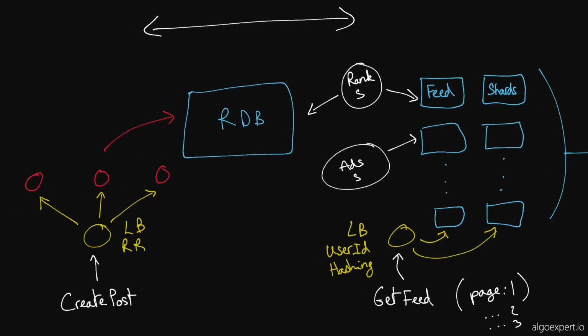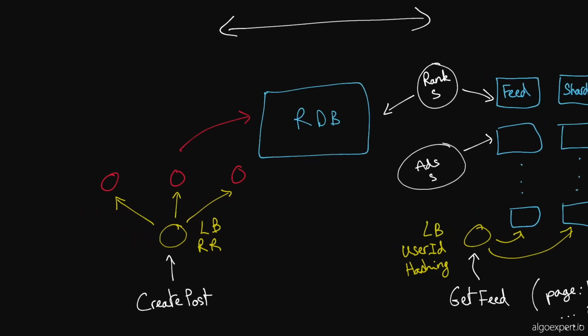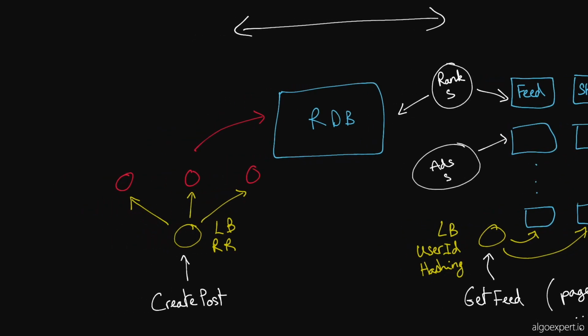Okay, so now we go back to what happens when we create a post and we need to update our feeds following the feature that we just described. Well, we said that our API servers here, maybe I should write that these are API servers, clearly have to store the post in our relational database.